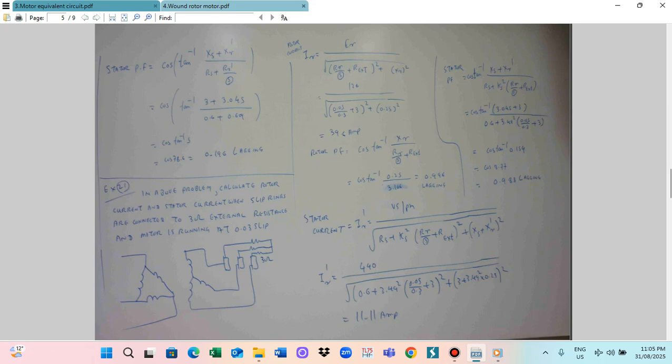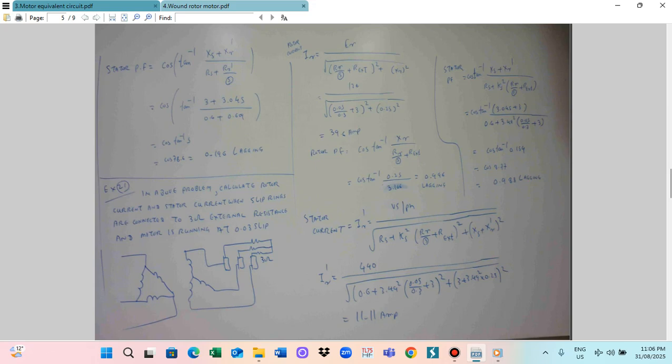So in this case, we have to calculate the rotor current I_R. In the previous problem, we only had R_R, that's why it was R_R by S squared plus X_R squared. But when you connect the external resistance, it is R_R by S plus R external. So this is the rotor current I_R you can calculate. That will be E_R divided by the square root of R_R by S plus R external, squared, plus X_R squared.